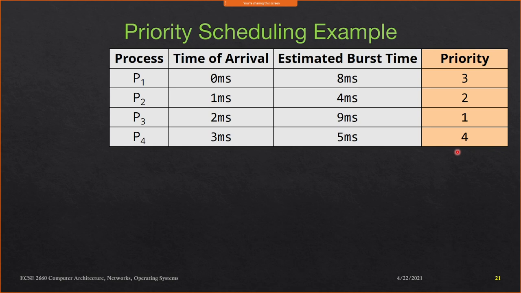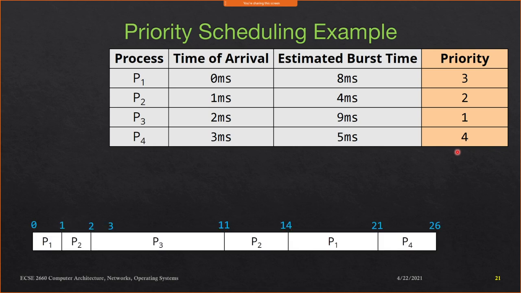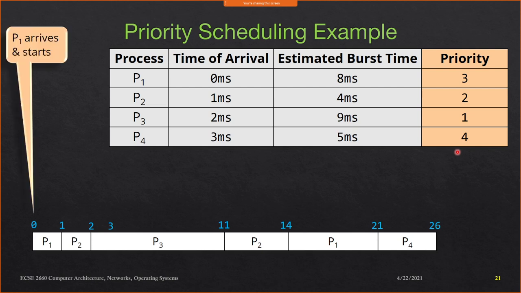So let's take a look at how preemption works in a priority scheduling algorithm. We are going to start with P1 again because it is the one that arrives first. So P1 arrives and starts. Until the first 1 millisecond, I don't need to worry about what happens.